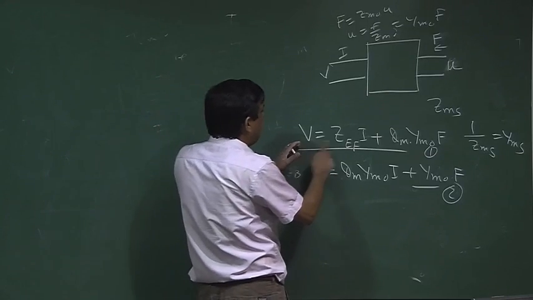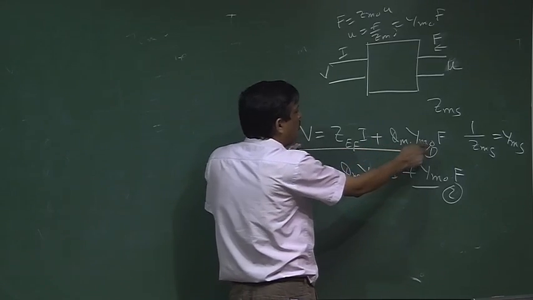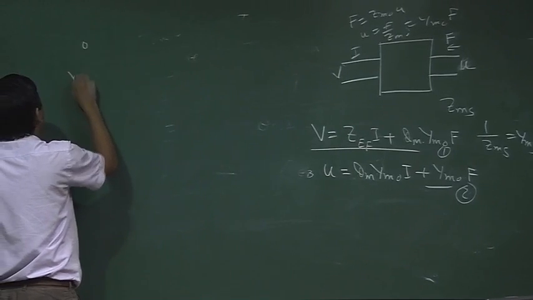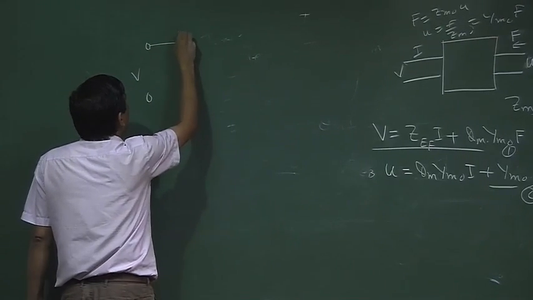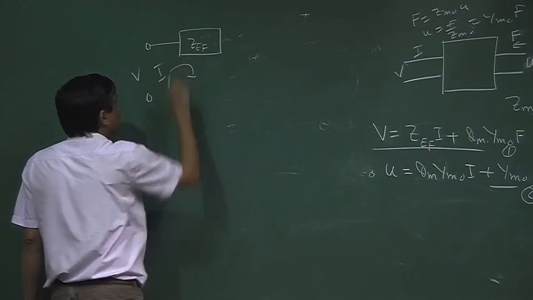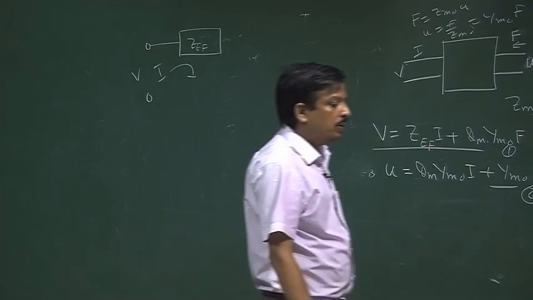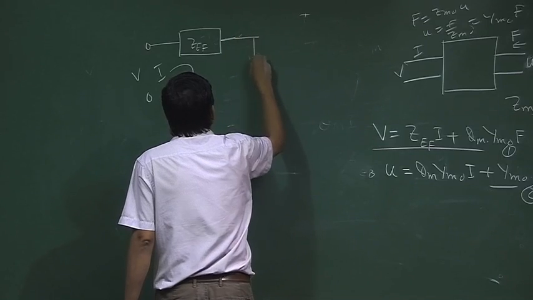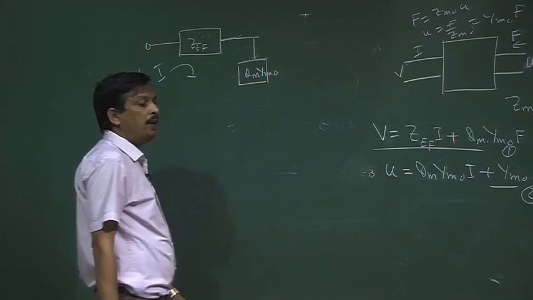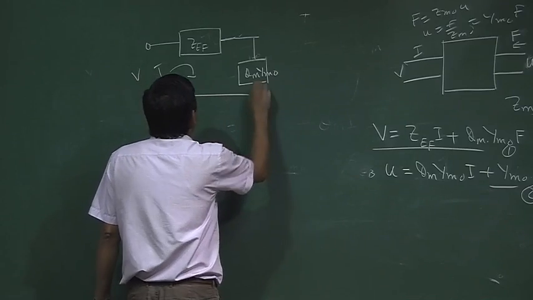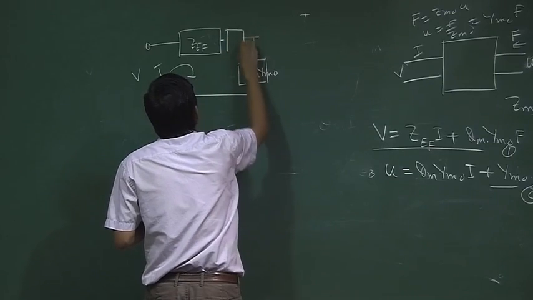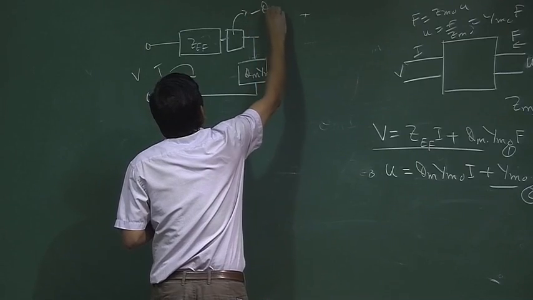This is equation number 1: V = ZEF into I plus phi m YMO F. Now I apply a voltage V here, and it passes through an impedance ZEF, and the current is I. Then it passes through another impedance which is common, phi m YMO admittance, and since it creates an extra load for I, I have to put another impedance here which is nothing but minus phi m YMO.